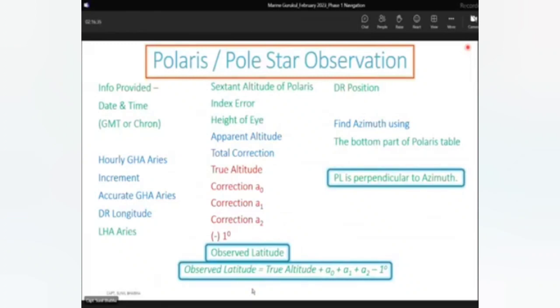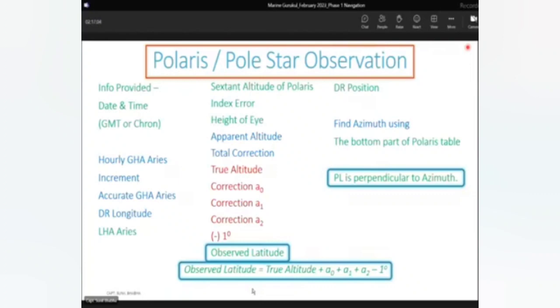So maximum possible in southern hemisphere will be 0 degree 50 minutes south, no more than that. Okay. But that is theoretical. Practically, when you are at equator, Polaris is going to be close to the horizon, and it will be very difficult for you to take an observation. Correct, sir.